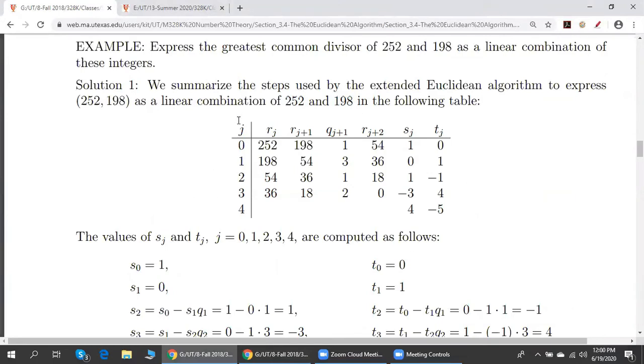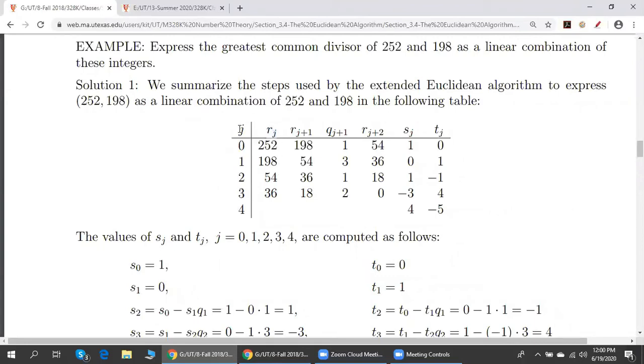This table consists of 1, 2, 3, 4, 5, 6, 7 columns. In column number 1, we start from 0, 0, 1, 2, 3, 4, and so on. Column number 2 are values of Rj.